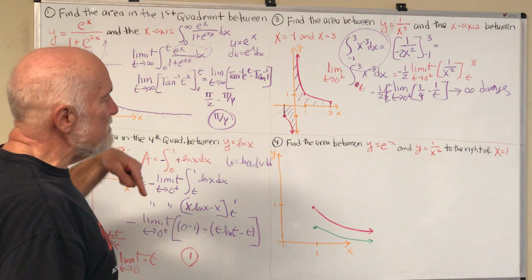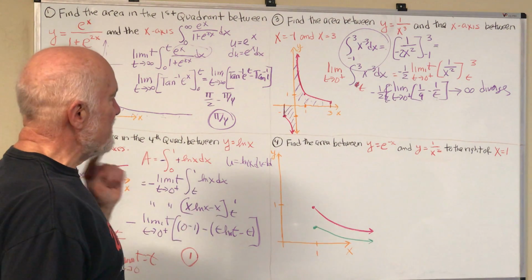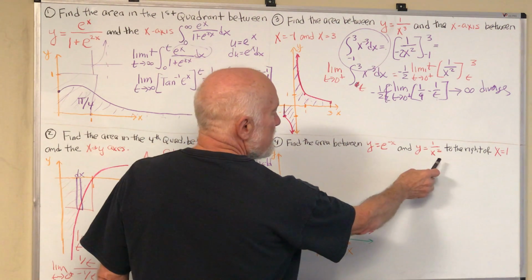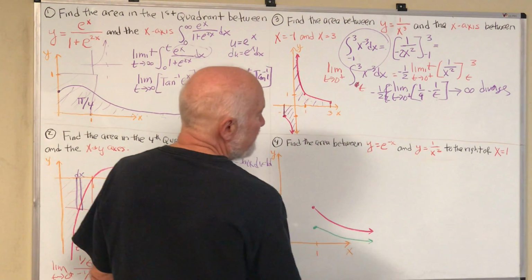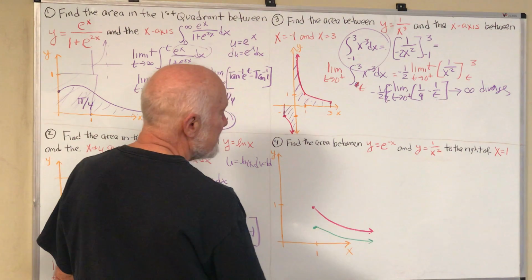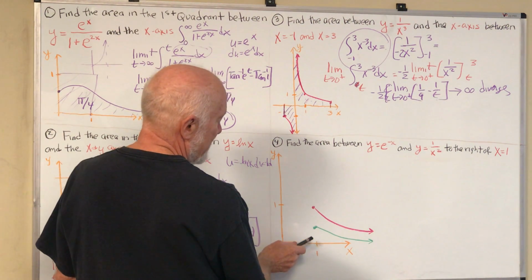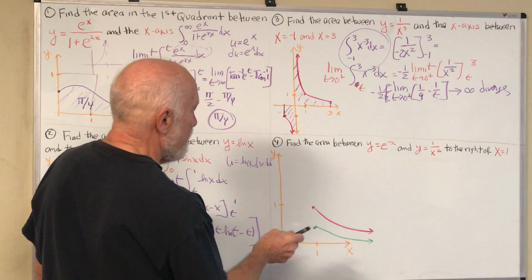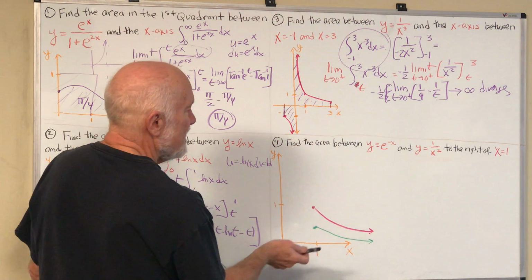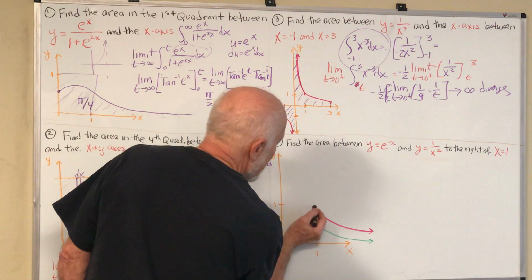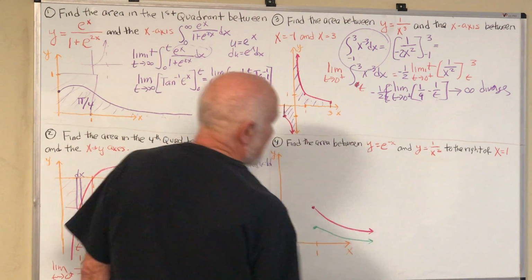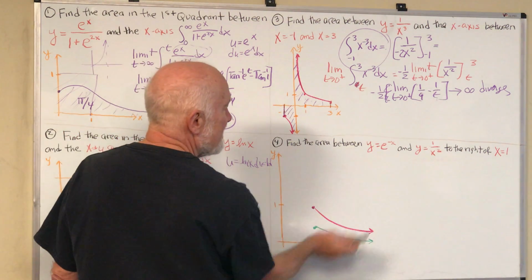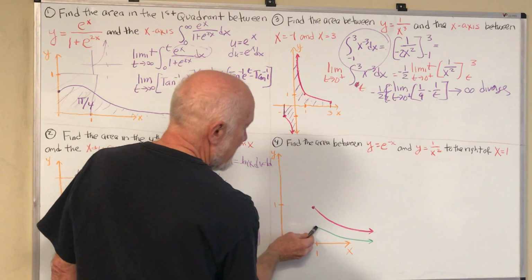Okay, so instead of going between a curve and the axis, I thought I would do one between two curves that both are looking kind of similar. e to the minus x and 1 over x squared. And we're going to go to the right of x equals 1. So 1 over x squared starts at 1 and goes down like that, and it has a horizontal asymptote, the x-axis. e to the minus x starts out at 1 over e and does that.